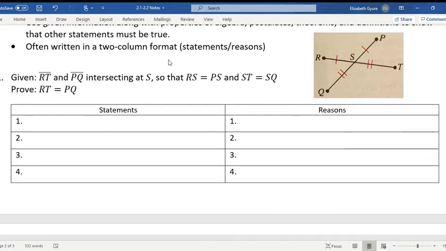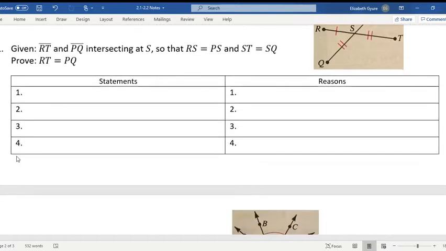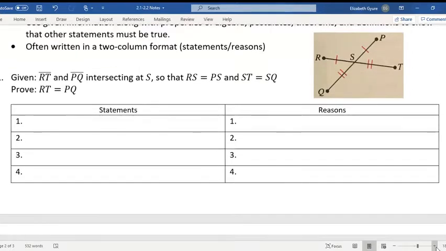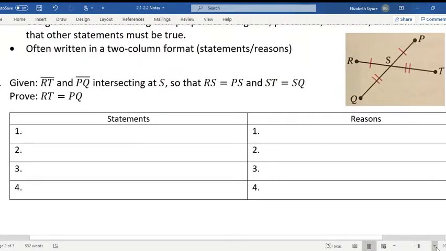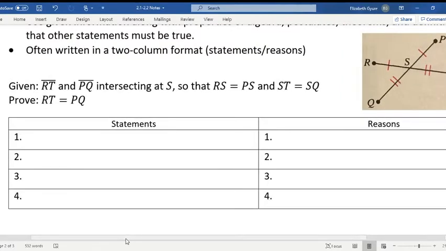And the 2-column format is used often because it's like steps. You're given one thing. Okay, what does that tell you that can lead you into step 2? Now that what we've said in step 2, what do we know that can lead us into step 3, and so on. So first, we are going to look at a proof that involves some segments.